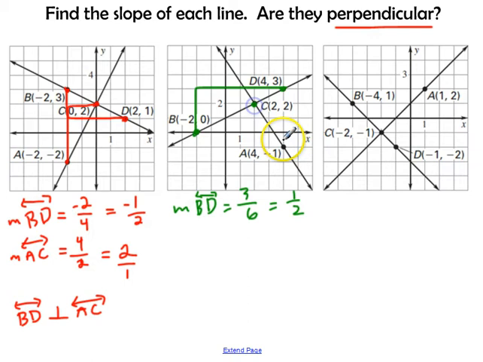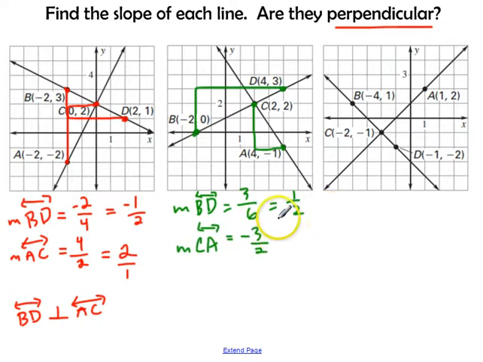And then the slope of line AC is 1, 2, 3 over 2. So the slope of CA or AC, doesn't matter. This is really going to be -3 over 2.